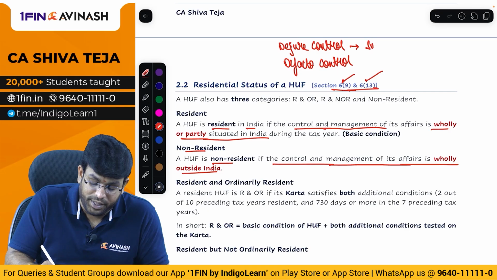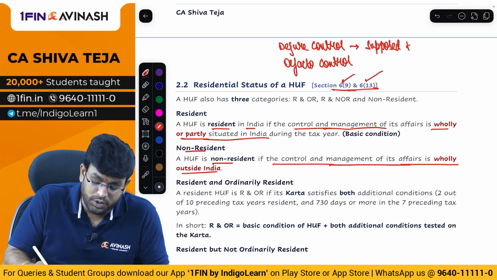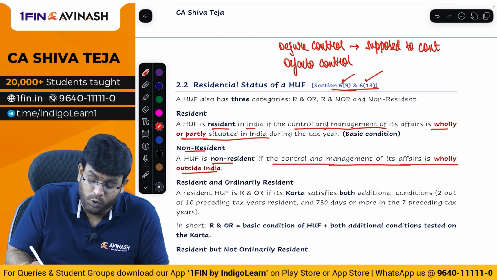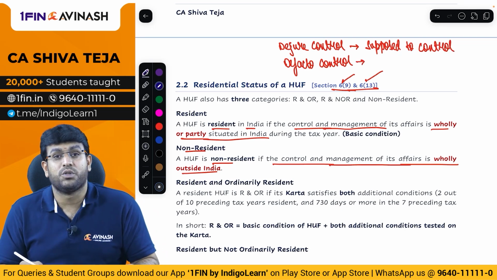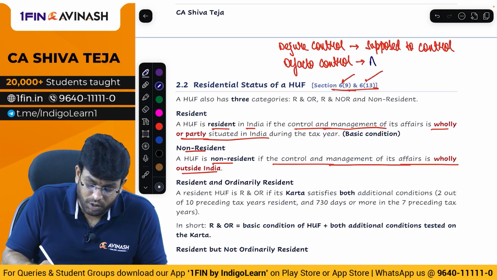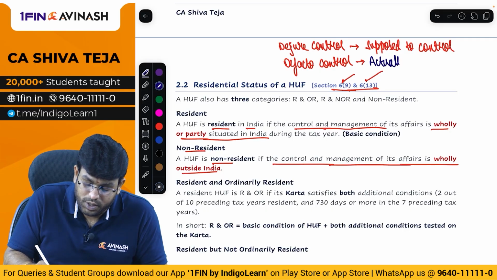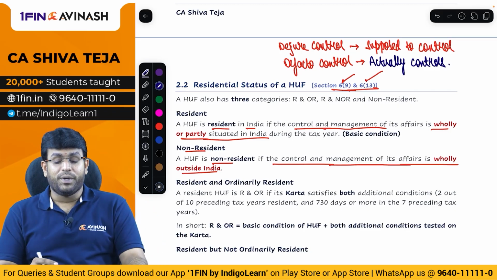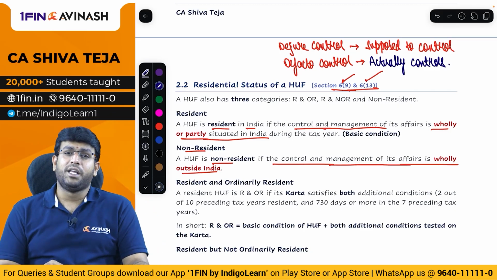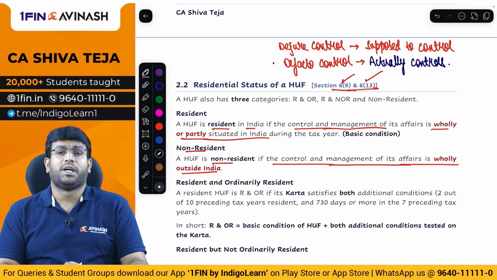De jure control generally means who is supposed to control. But de facto control means who actually controls.